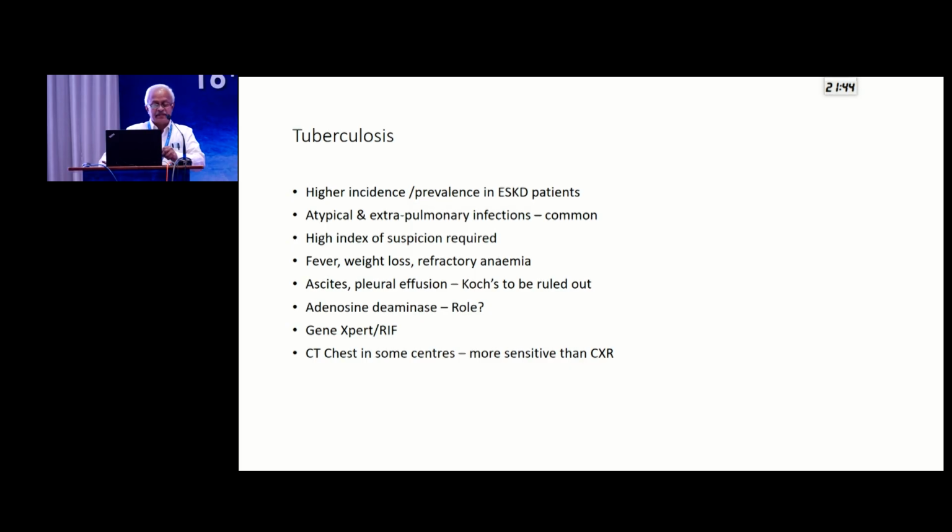And we resort more to GeneXpert whenever we suspect tuberculosis, with various biological specimens. In many centers, including ours, we go ahead with CT chest prior to transplant, even if the X-ray chest is normal in recipients, because there are any number of instances where we have picked up infiltrates in the CT chest which were not revealed in the X-ray chest.